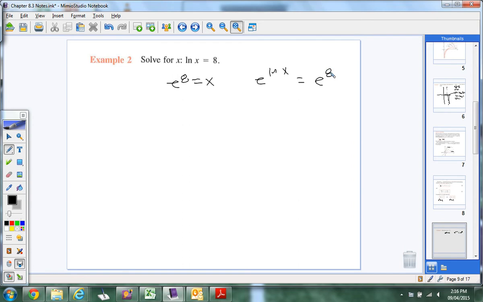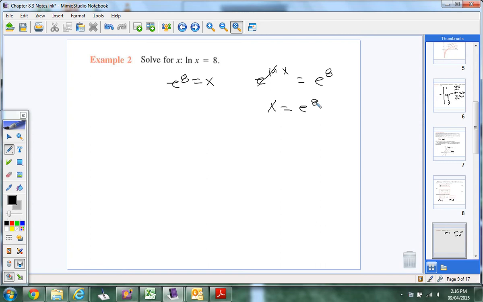And why did I do that? Right, because remember we just learned in our rules, that cancels. So that's a way that you can get rid of ln's if you need to. We just e'd both sides, you could say. That's a strategy that you will also use to solve things. And they got the same answer.